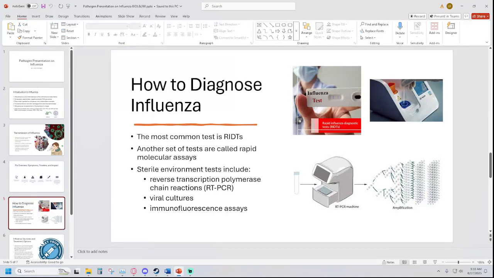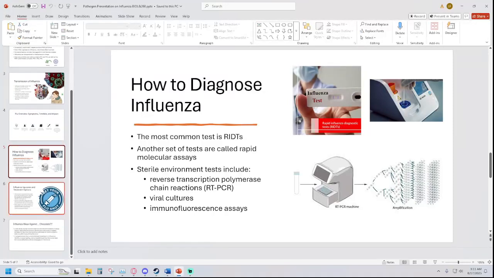Next up is a viral culture, which is where a virus is isolated and put in an environment to grow on its own, which helps us identify the virus, though this technique can take weeks and isn't recommended for rapid diagnosis. Finally, there are immunofluorescence assays, which use antibodies to detect viral antigens in the patient by lighting up under a fluorescent microscope where the virus is present.